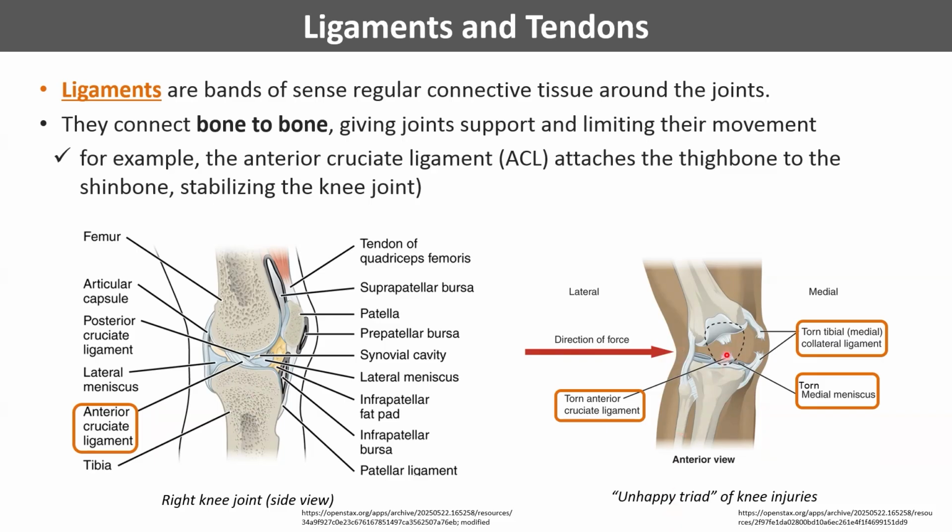The ACL is torn, then another ligament is also torn, the MCL, medial collateral ligament, and the meniscus, a C-shaped cartilage present in the knee, is also torn. So it's a very common injury and takes a lot of time to repair.